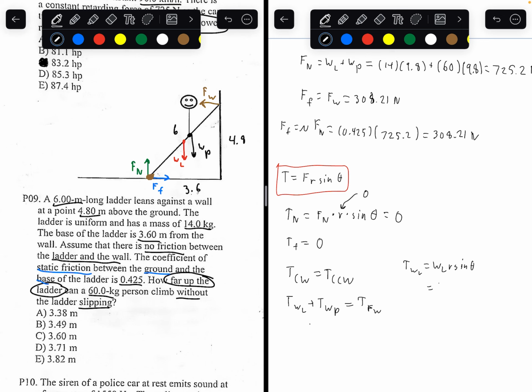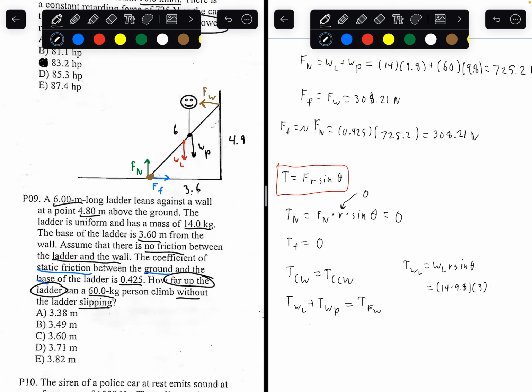So that's just the mass of the ladder, which is 14 times 9.8. What's the radius? What's the difference between this brown dot and the red arrow? That's going to be 3, because this entire leg is 6, and the red arrow is the center of mass, which is the halfway point. So the halfway point of 6 would be 3.